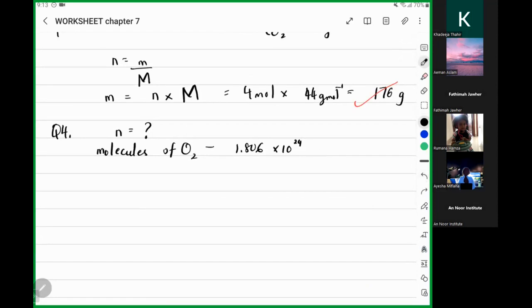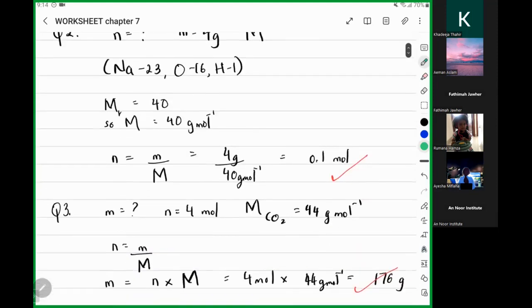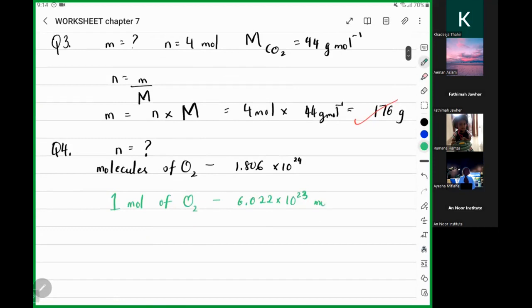Now you have to use your Avogadro knowledge. According to that, you know that 1 mole of oxygen will have 6.022 into 10 to the power 23 molecules of oxygen.